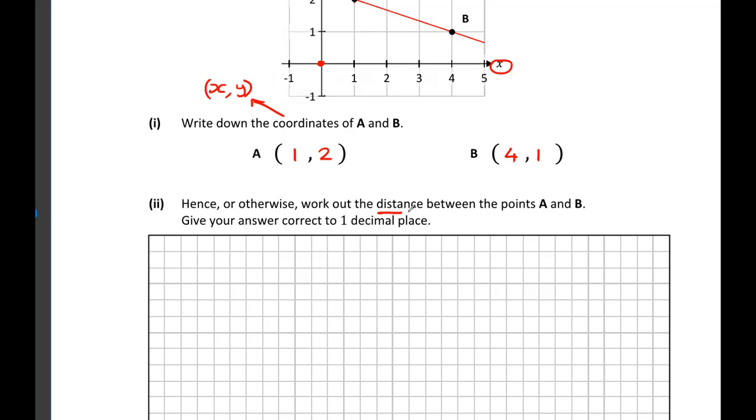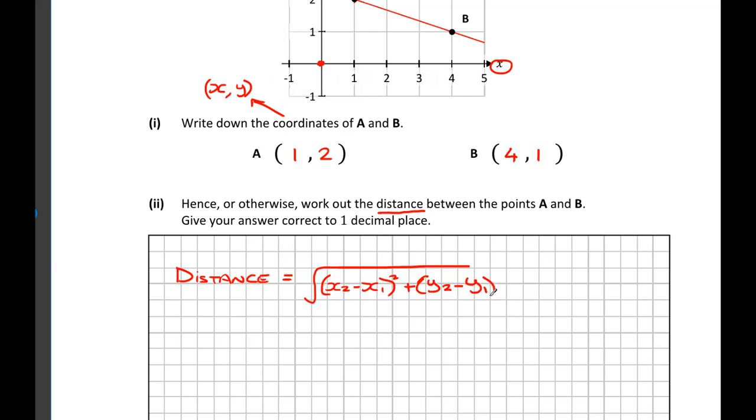So the distance formula is, what is the distance formula? It's the square root of x2 minus x1 squared plus y2 minus y1 squared.